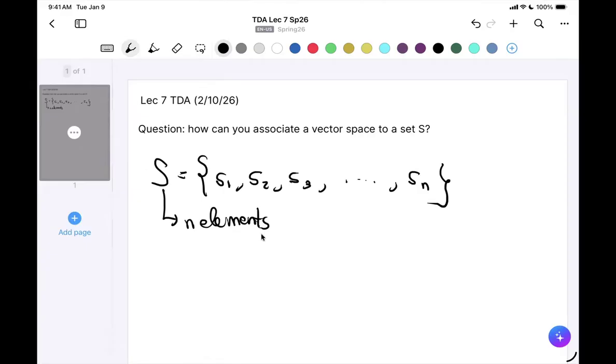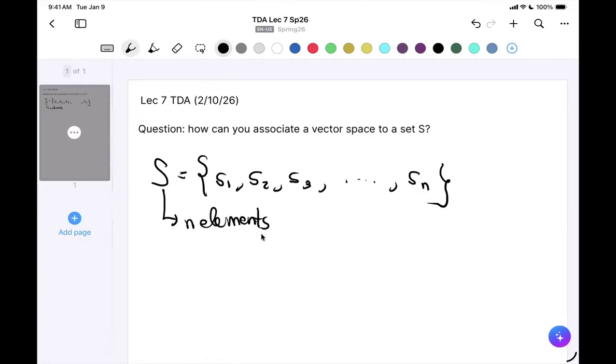In particular, the way a mathematician would say this is that with sets you don't have a lot of structure. There are not many operations that you can do with the elements of the set. For example, if the set represents names of people, you cannot add names of people. John plus Mary doesn't really come with any particular meaning.